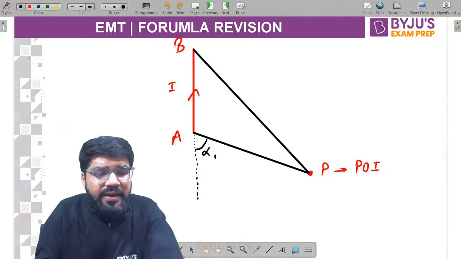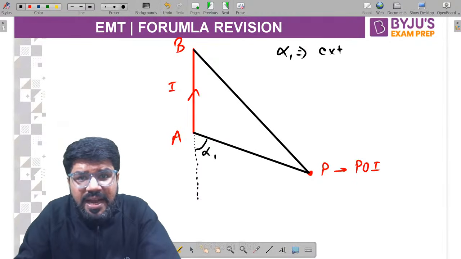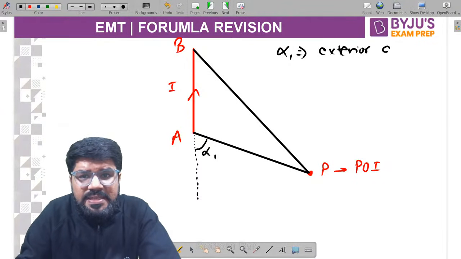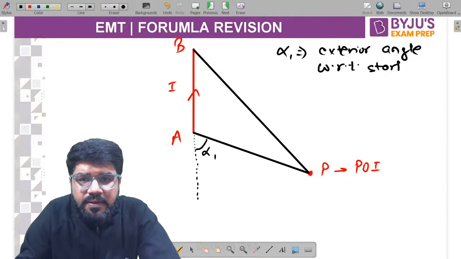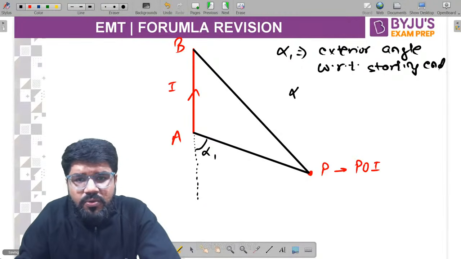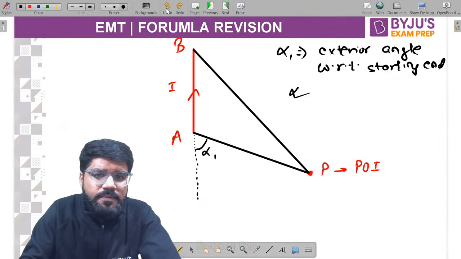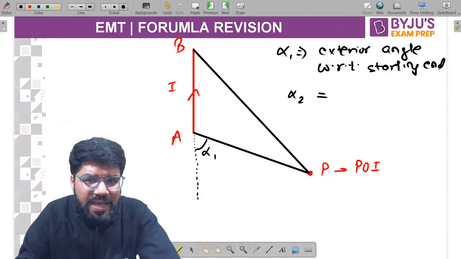So what is alpha 1? I'll write it down here for a clear picture. Alpha 1 is known as the exterior angle, an important formula, with respect to the starting end, from where the current starts. What about alpha 2?